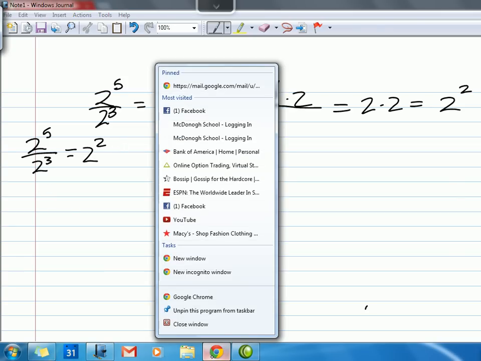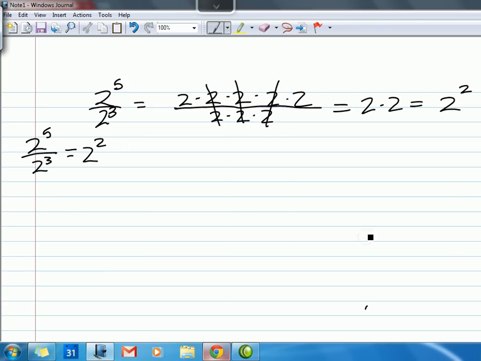So from here, is it safe to say that x to the 5th over x to the 3rd is going to give me x to the 2nd? Now, what we're getting at is a particular rule that we're going to use. What if I did x to the 6th over x to the 4th?